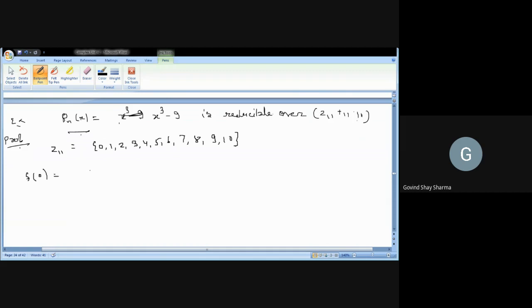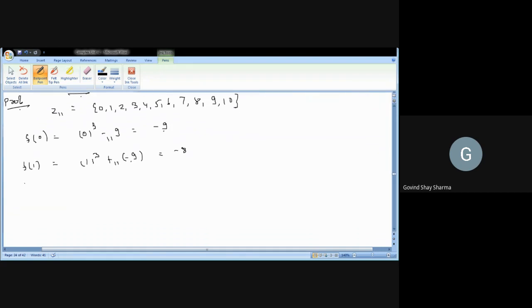We put f(0), then f(1), 1 cube plus 11 minus 9, and f(2), we put 2 cube plus 11 minus 9.